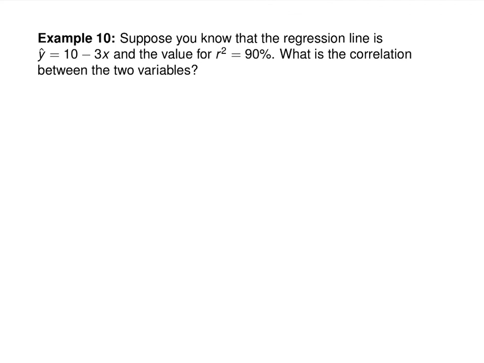And then lastly, suppose you know that the regression line is y hat equals 10 minus 3x, and the value for r squared is 90%. What is the correlation between the two variables? In other words, what is r? Well, you know r squared is 90%, or r squared equals 0.9. So r is either positive or negative the root of 0.9, about positive or negative 0.949. And the question is, which one?